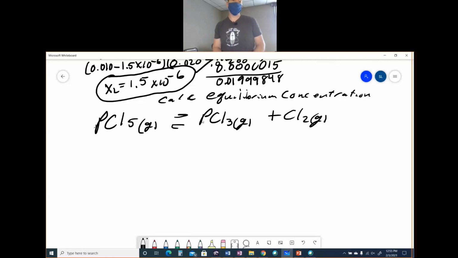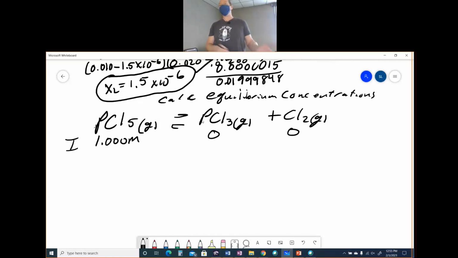All right, and so for the initial, all it says is we are going to put in 1 molar of our PCl5. And in this case, we have 4 sig figs for our 1 molar PCl5. We didn't put any of this in, and we didn't put any of that in.